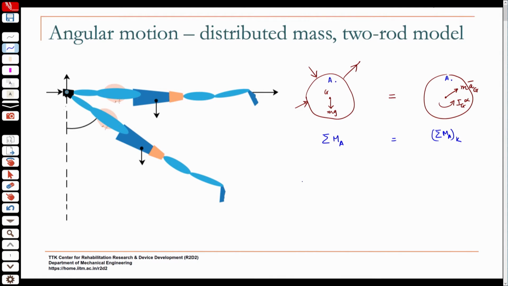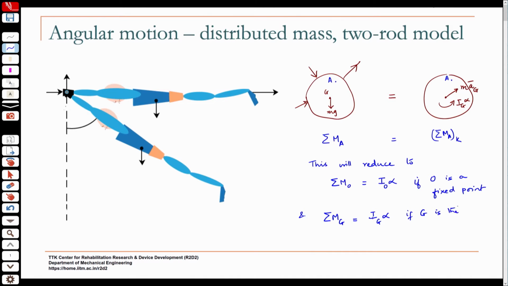And this will reduce to sigma M_O equal to I_O alpha if O is a fixed point, and sigma M_G equal to Ig alpha if G is the center of mass, because then the contribution of m a_G goes away.